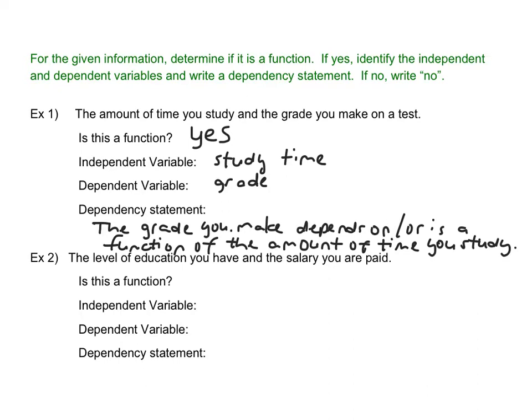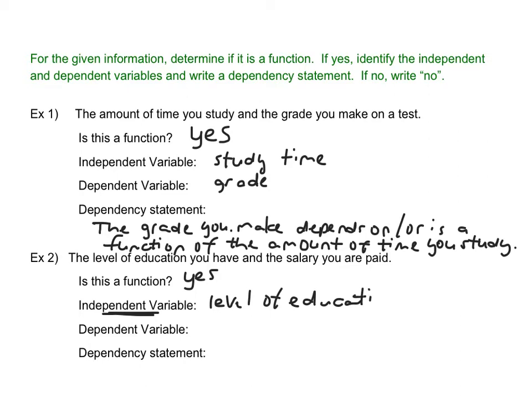It says the level of education you have and the salary you are paid. Write that down. So you want to know, is one of these dependent upon the other? For the most part, I would say yes, this is a function. The salary that you have depends upon the level of education. So what is the independent variable? The independent variable is the level of education that you have.